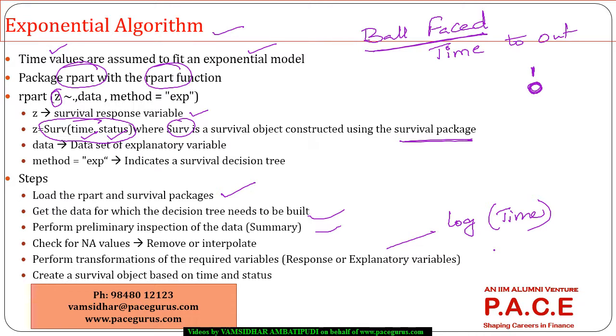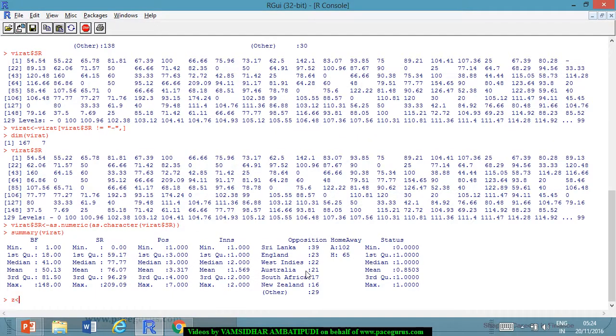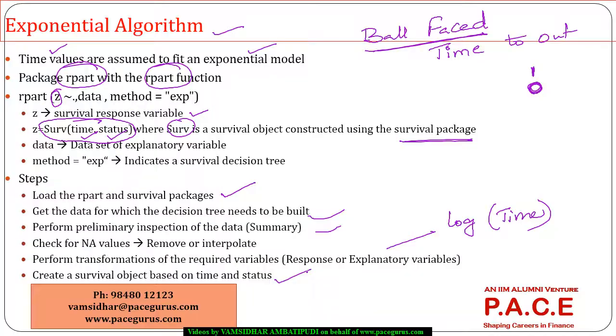But yes, now the major part comes in, wherein I have to create a survival object based on the time and the status. So let me create one survival object. I'll take a survival object called Z, wherein I am creating the survival object with two variables.